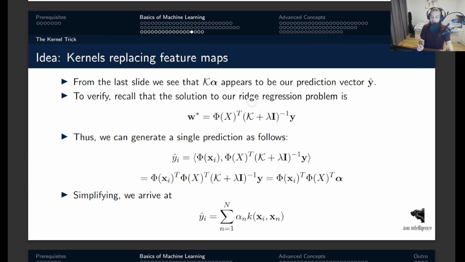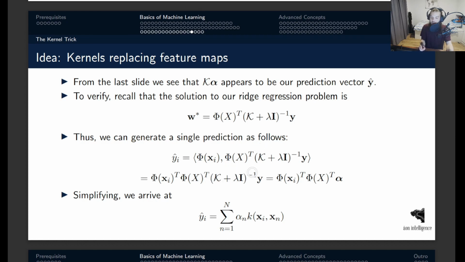And for this, recall our solution to Ridge Regression. So this is W star again, and we generated an individual observation yi hat as follows. It's the inner product of the feature mapped ith observation and this parameter vector W star. And observe that this inner product is equal to this expression. So we have the feature mapped observation xi transpose, and then this parameter vector W star.